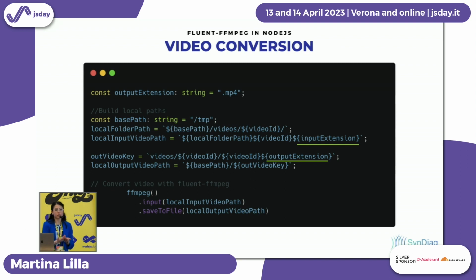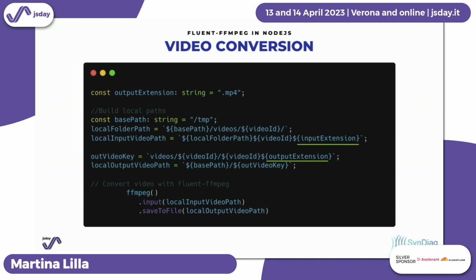Our goal in this case is to perform the video conversion. As I said before, it is sufficient to declare an input video path that includes an input extension and an output video path for the converted video.